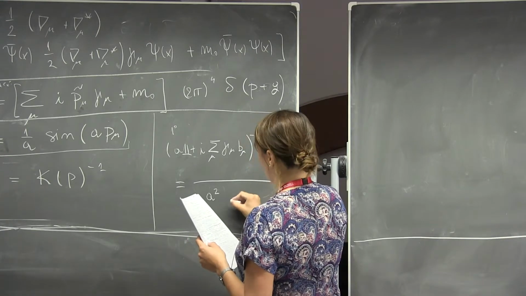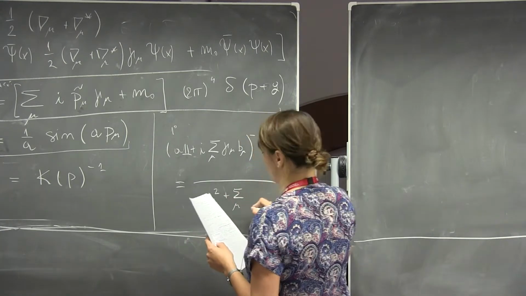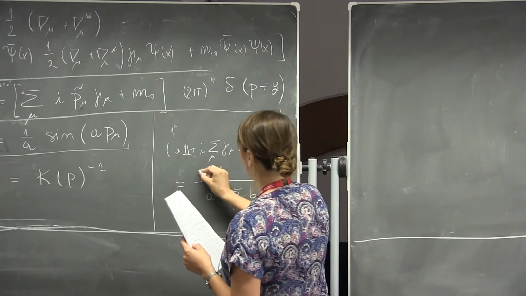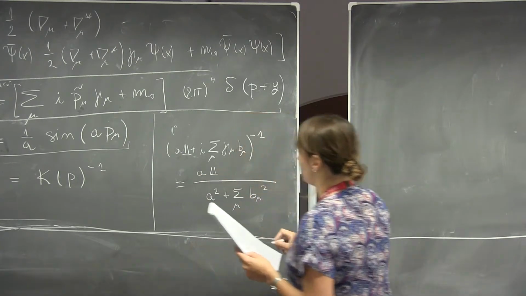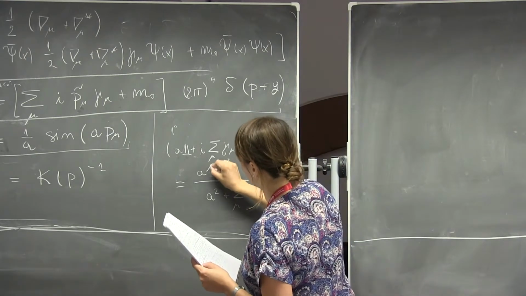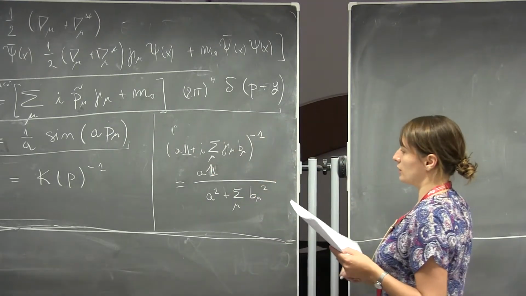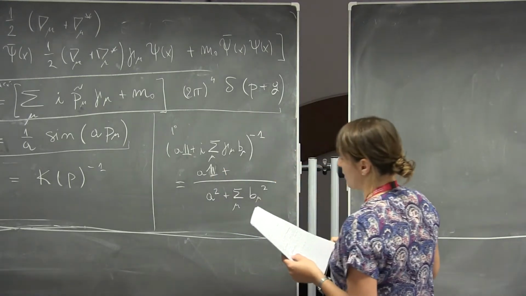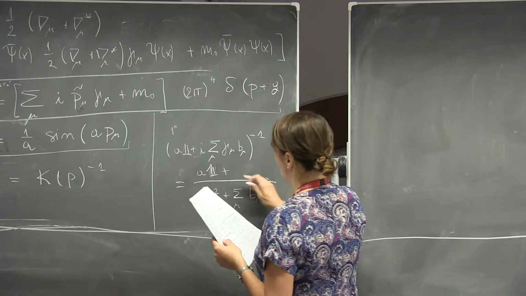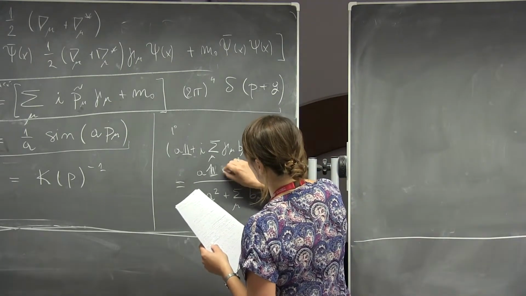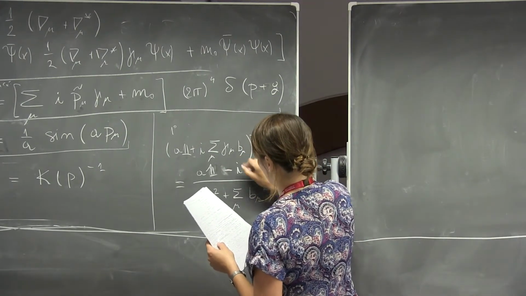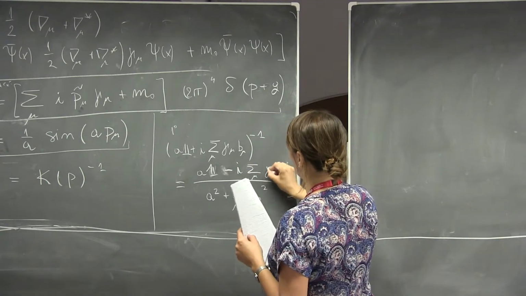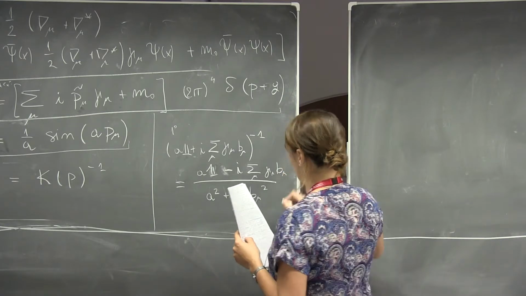So you have A squared plus the sum over mu of B mu squared in the denominator, and A times the unity matrix in the numerator, minus i times the original sum over mu of gamma mu B mu.